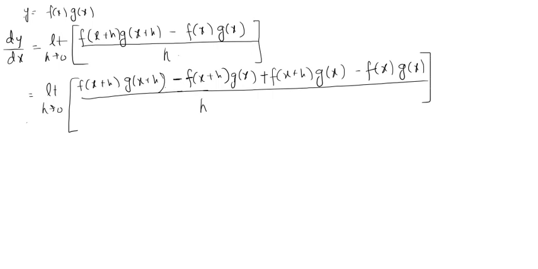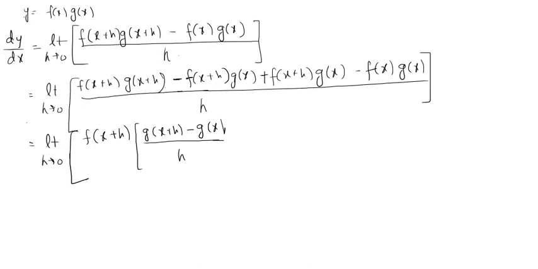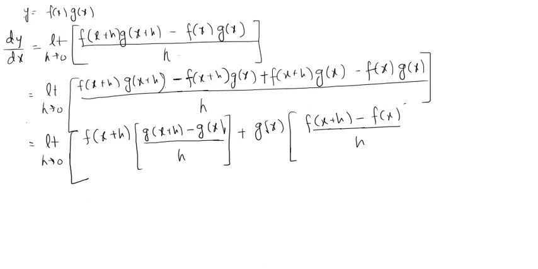So it will be limit h tending towards 0. Now f(x+h) can be taken outside from here, and I will separate both of these terms. So I will have f(x+h) into [g(x+h) minus g(x)] divided by h, plus from here I can take g(x) common, g(x) into [f(x+h) minus f(x)] divided by h. So this term is nothing but dg by dx, and this term is df by dx.